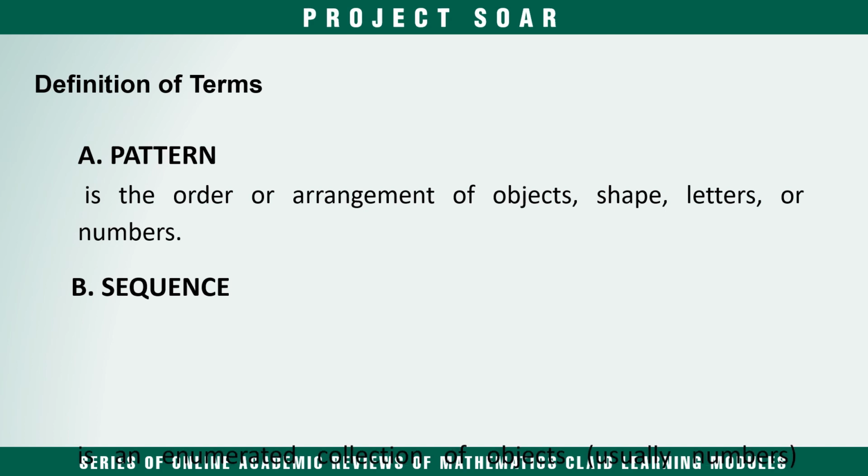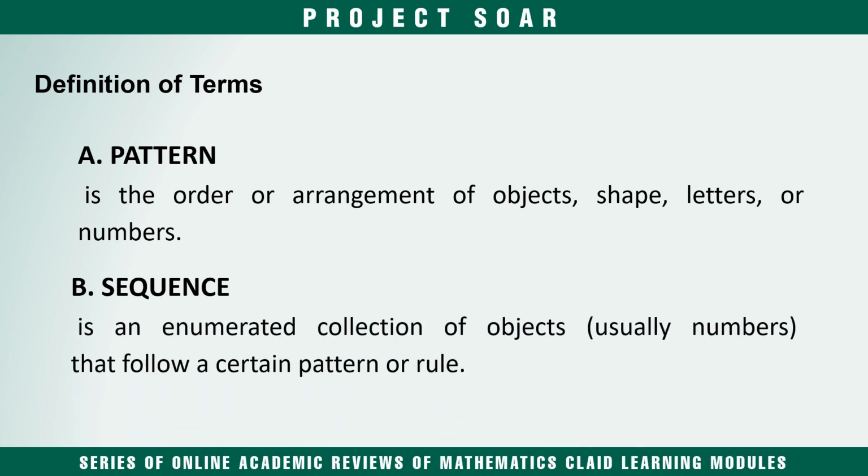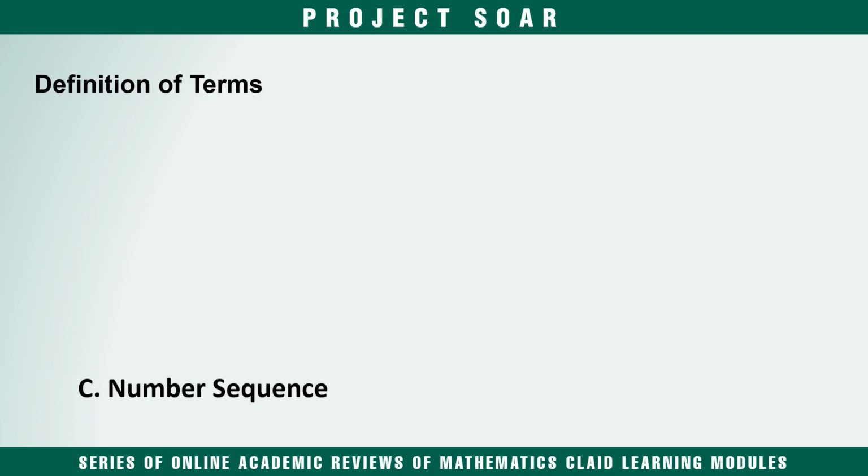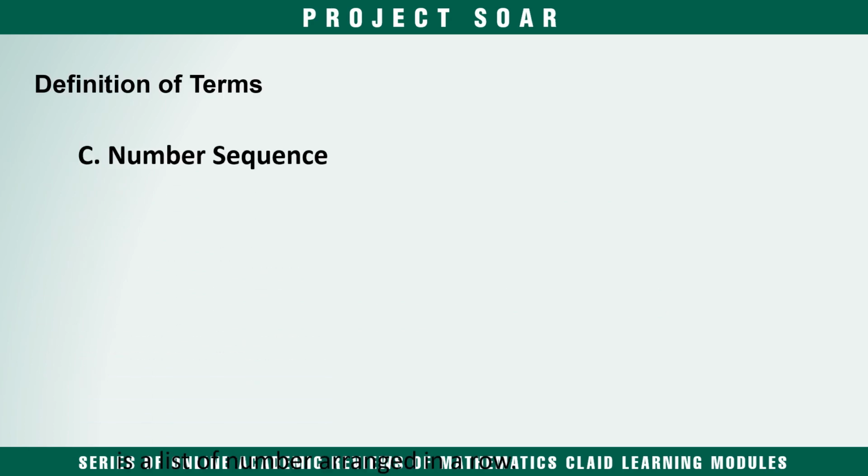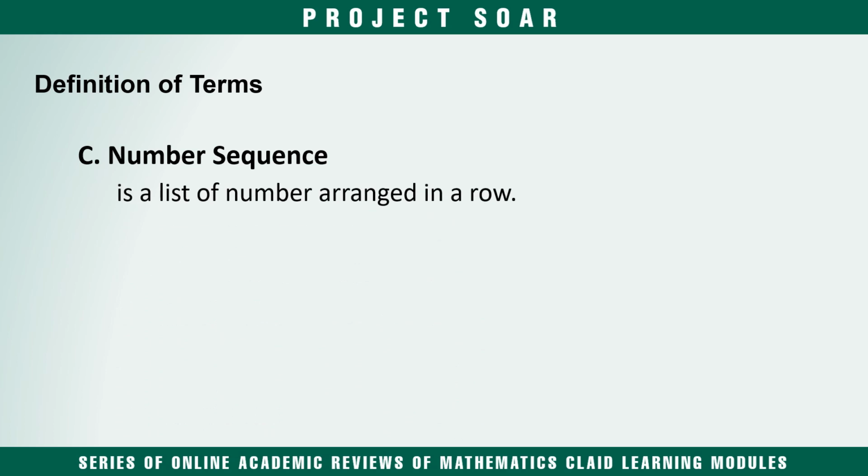A sequence is an enumerated collection of objects, usually numbers, that follow a certain pattern or rule. A number sequence is a list of numbers arranged in a row. A term is a number in a sequence.